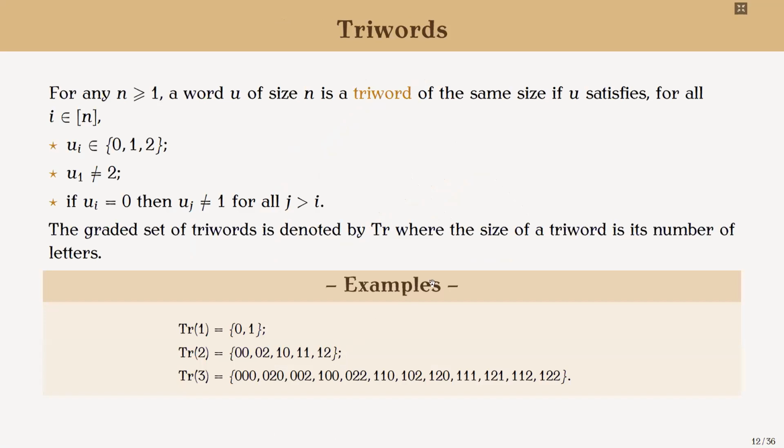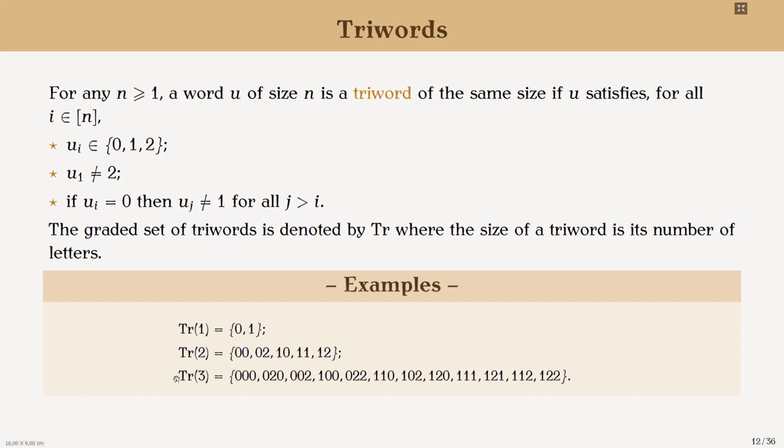A Triword is simply a word on the alphabet 0, 1, 2, such that the first letter has to be 0 or 1, it cannot be 2. And if a letter equals 0, then all following letters have to be different from 1. So we will not have 0 followed by 1.